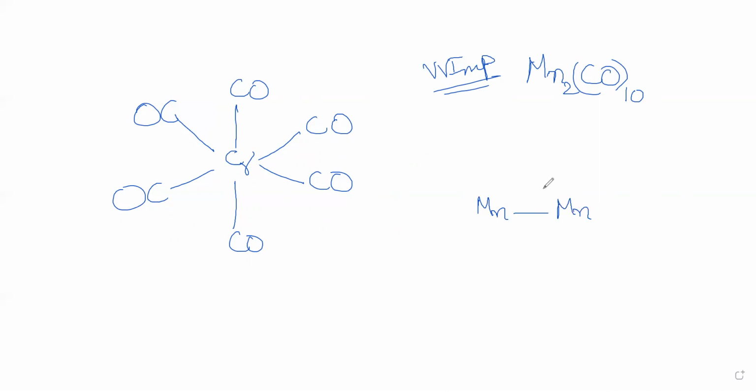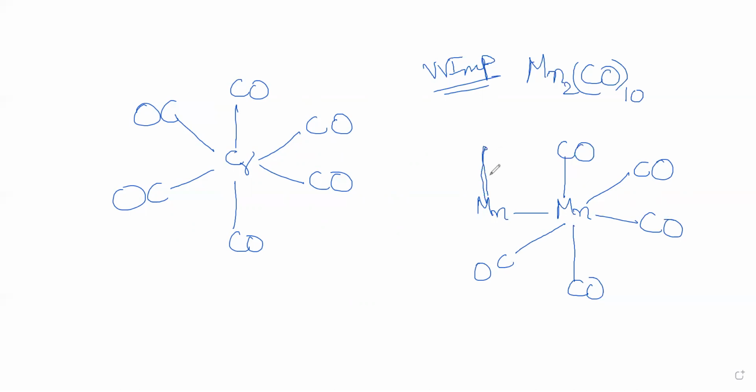Mn bond will be there with CO, CO, and CO is like this. CO. And now this is again CO, CO. So it is downwards, so it is crossing this.